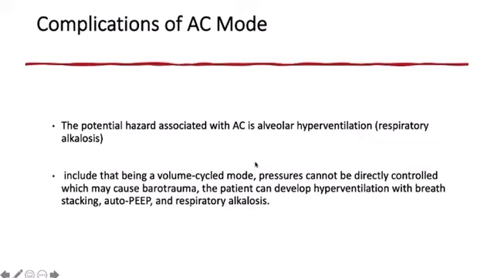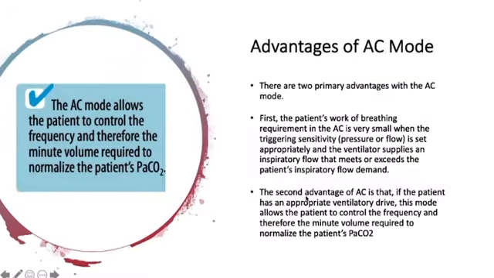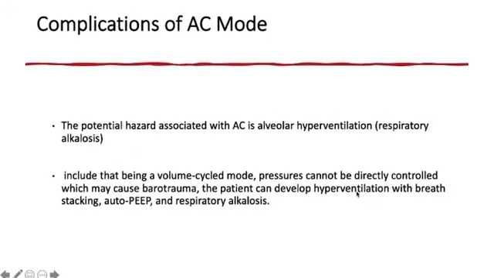Besides that hazard, there are other hazards because we are using a volume cycle mode, so the pressures vary during the breaths. If not directly controlled, this may cause barotrauma, and the patients can develop hyperventilation with breath stacking, auto PEEP, and respiratory alkalosis.